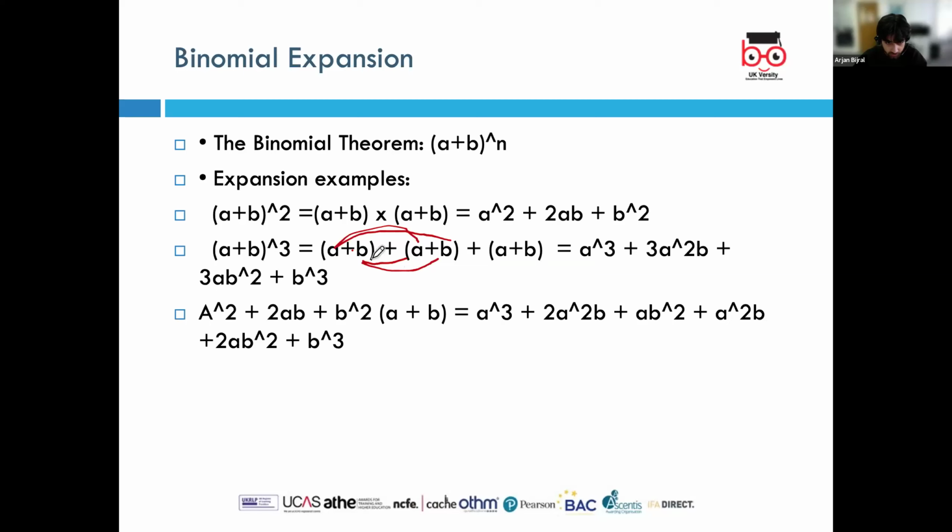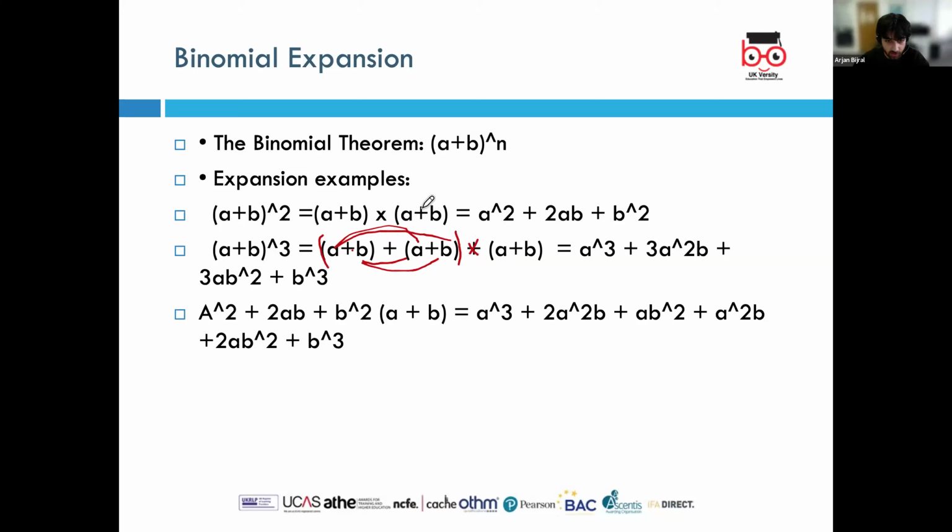So I've already timesed this together to get A squared. Wait, hold on. I think I've done it here. Yeah, so we've done this bit, just this bit here. And then we have to times A plus B by this bit. Does that make sense? Because it's squared, so it's timesing itself by an extra one. It's cubed, sorry. So this is the squared.